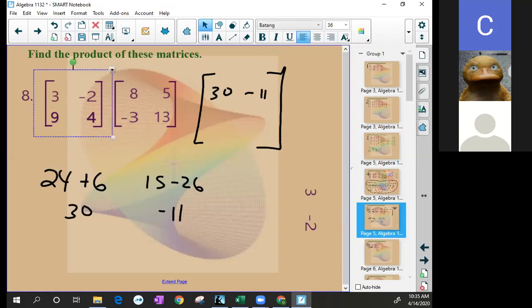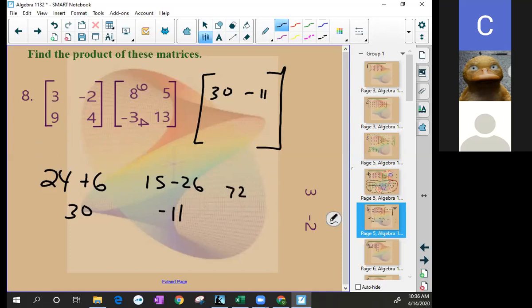I take that second row, flip it up in my head, slide it over there. I've got 8 times 9 is 72, minus 12 makes 60. So I'm going to have a 60 there. Now I take that row.